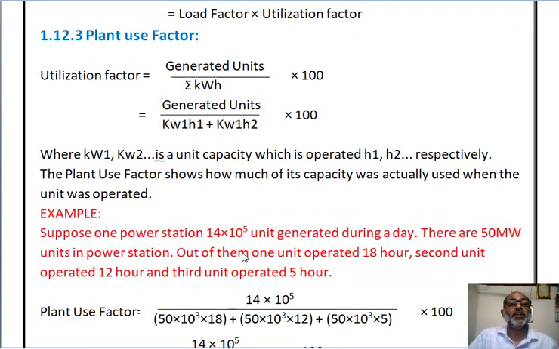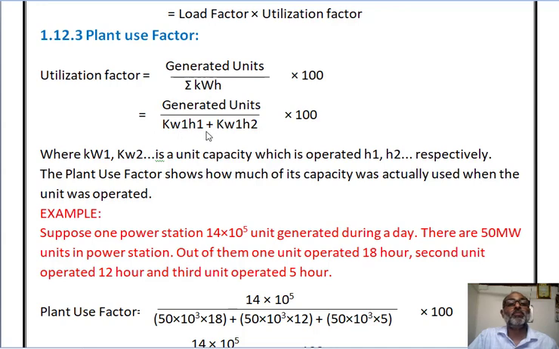Next, plant use factor. We have already seen the utilization factor. Plant use factor is the ratio between generated units to the kWh, which we will see, into 100.